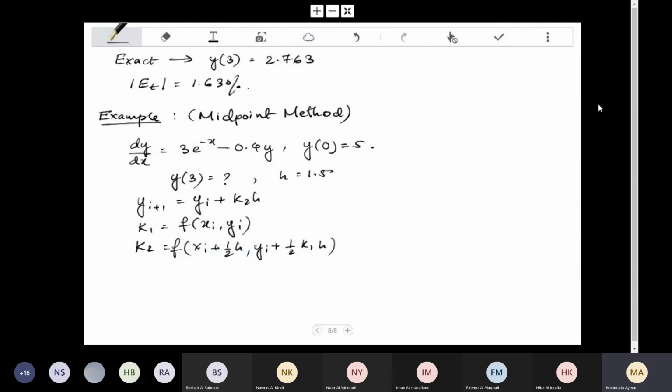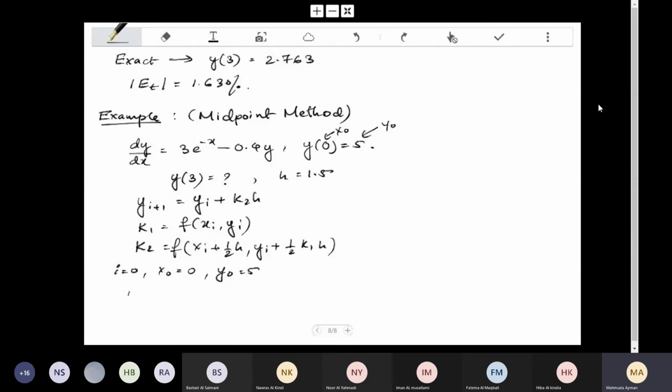Okay, so now we have to calculate the values. First, for i equal to 0, the value for x0 is given, that's 0 here. So here we're given x0 and y0, and y0 is equal to 5, and that's it, the values that we need here.